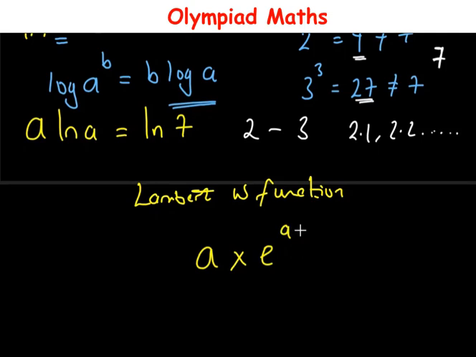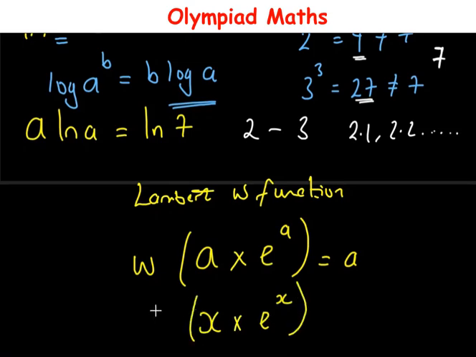Once you apply the Lambert W function to this, what you will get is a. Likewise, if you have x times e to the power of x, by the time you apply the Lambert W function to this, what you get is x. So we are going to manipulate our expression to resemble this format.